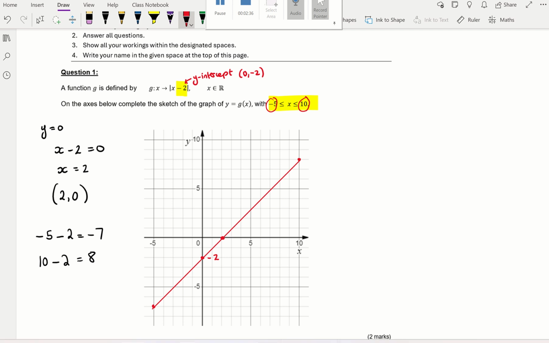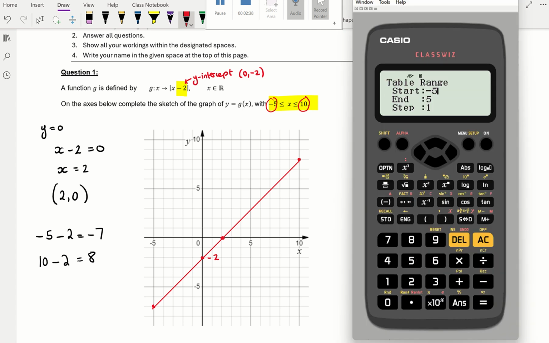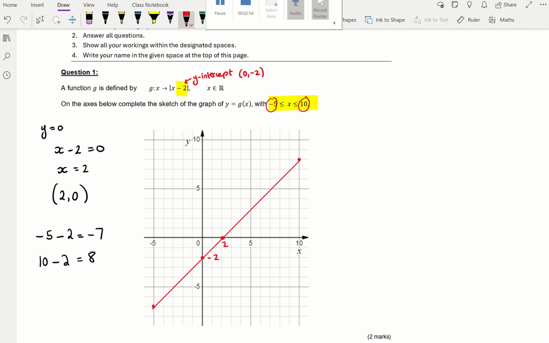So from minus 5 to 10. And you can see it's minus 5, minus 7. If you go all the way down to 10, it will give you every single value, 10, 8. But I'm only plotting the x and y intercepts and the beginning and ending point. And when I join them up, it creates what I need.